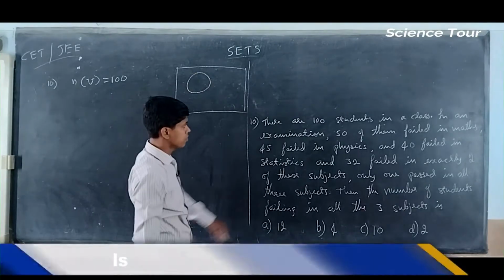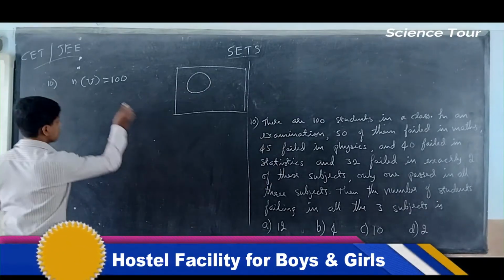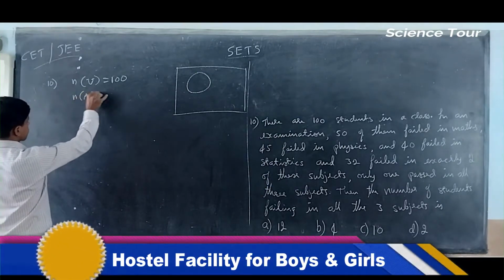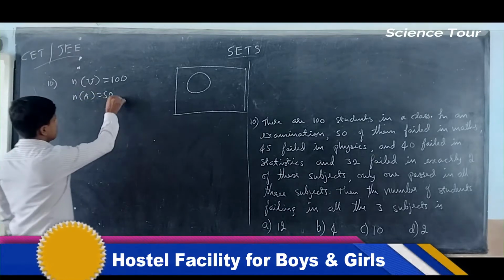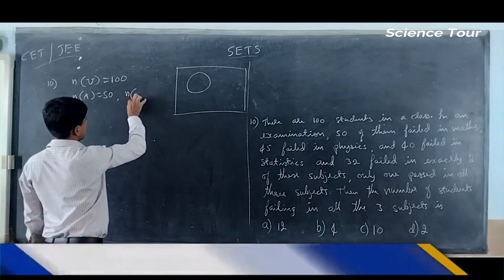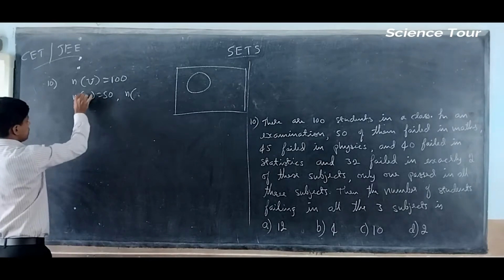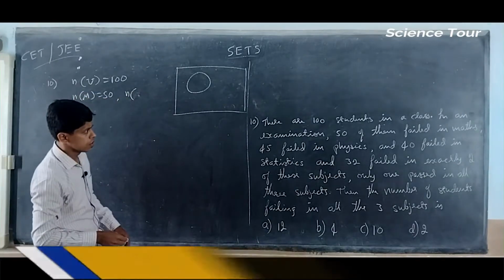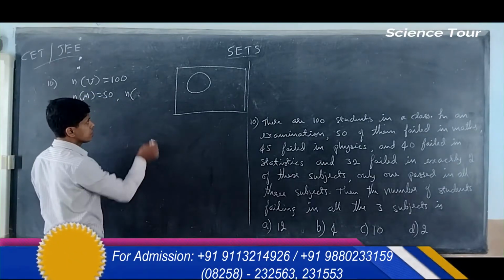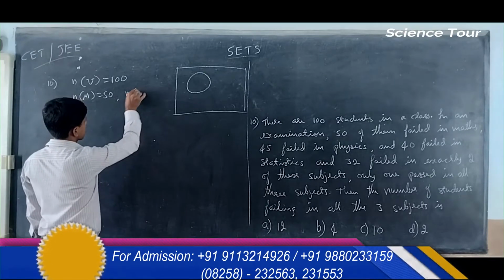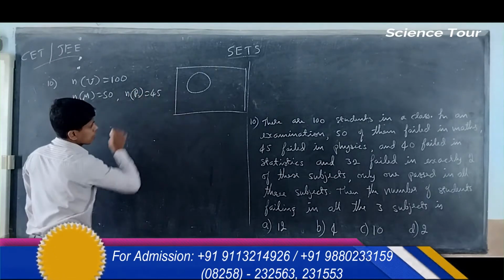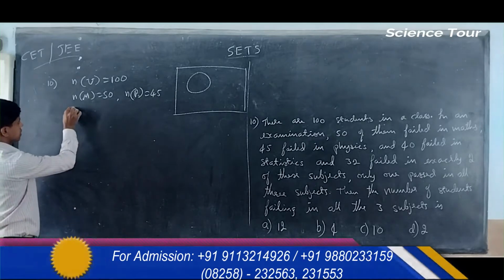There are 50 people who failed in maths, 45 failed in physics, and 40 failed in stats.